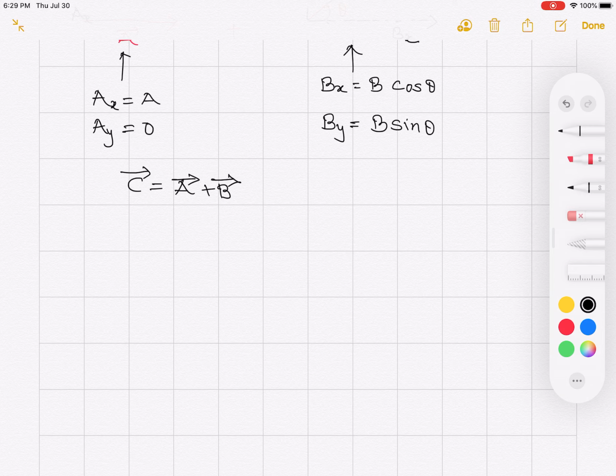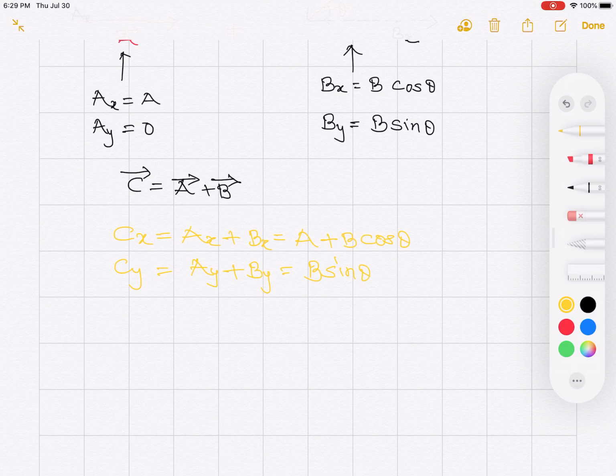So now the x component of c is the x component of a plus the x component of b, which gives me a plus b cos theta, and the y component of c is ay plus by, so it's just b sine of theta.